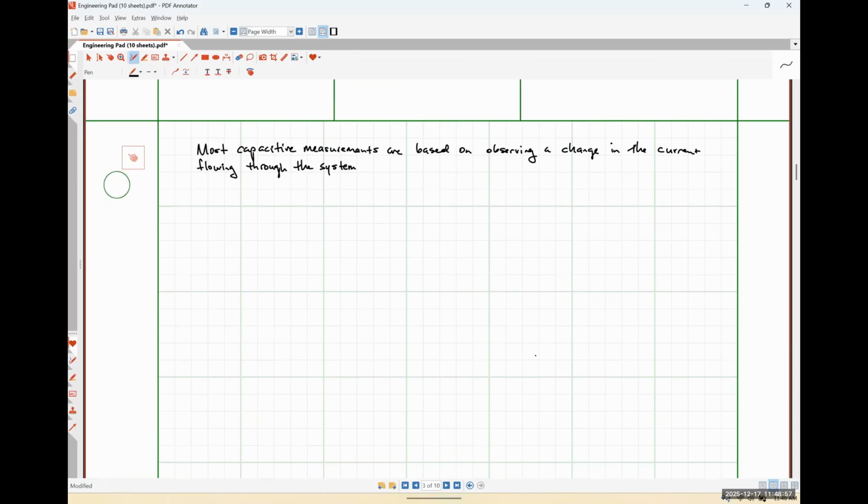So the current flowing through a capacitor, I sub C, as a function of time. Let me ask my electrical engineering folks here. What's the equation for current through a capacitor in the time domain? The derivative one.